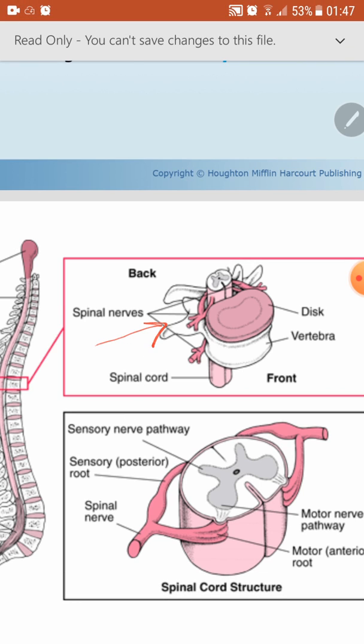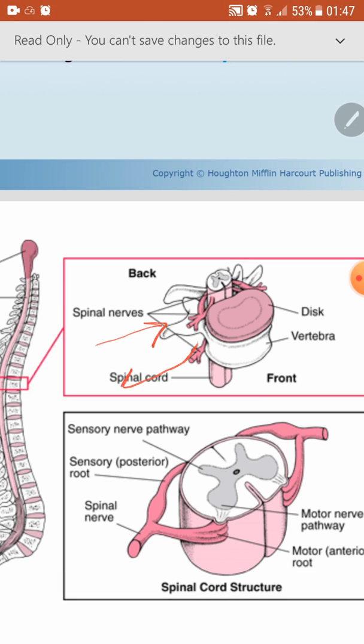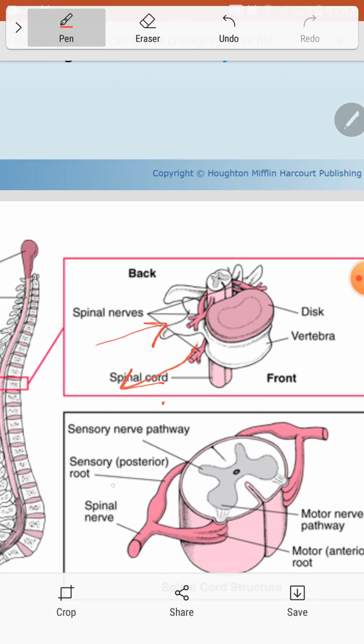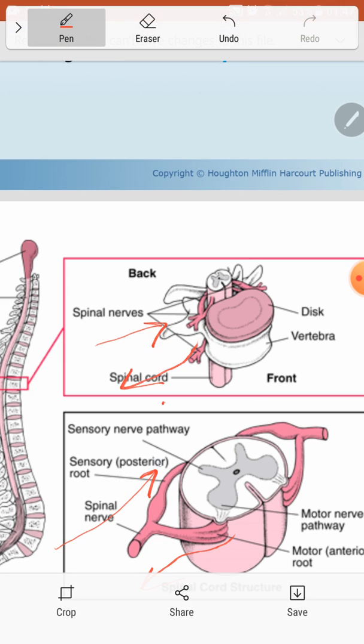The impulses will come through the sensory, and they will leave through the motor. Here is the sensory, here is the motor.